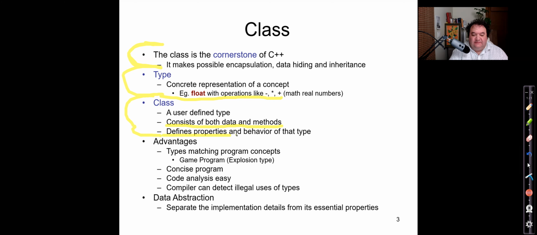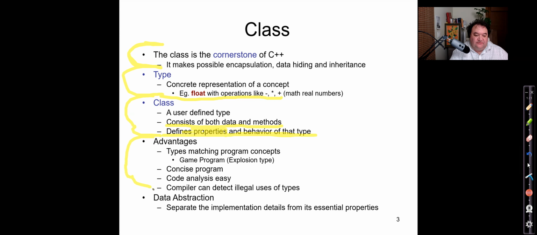Effectively, this would characterize the properties and the behavior of that type. For example, out of real numbers, you can create complex numbers by storing, say, two real numbers, one the imaginary part and one the real part, and then defining on top all the proper operators.